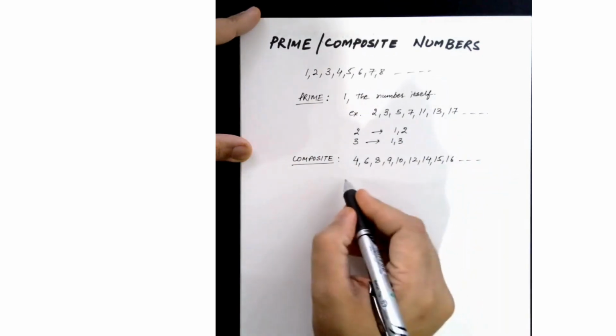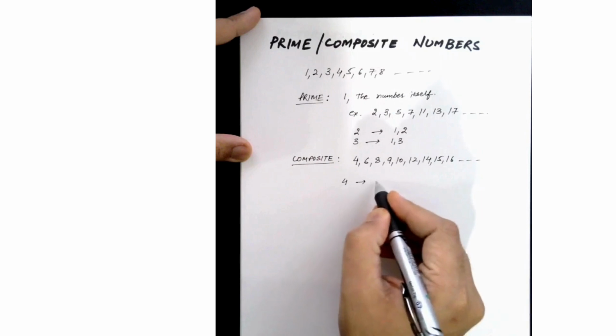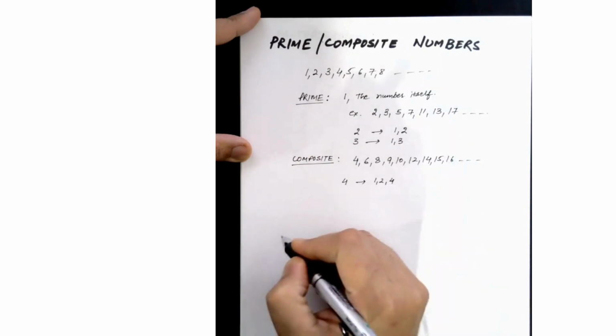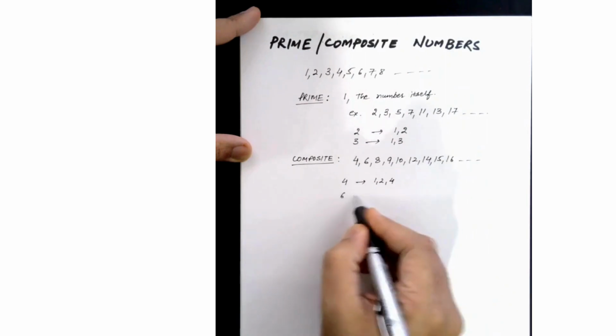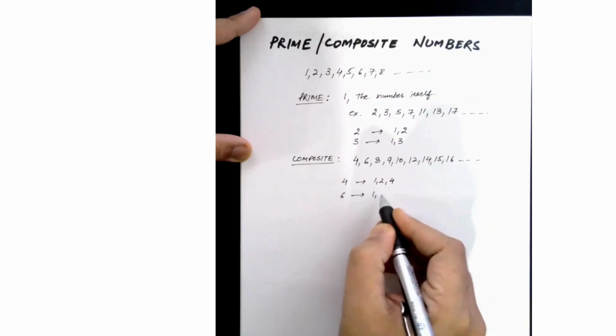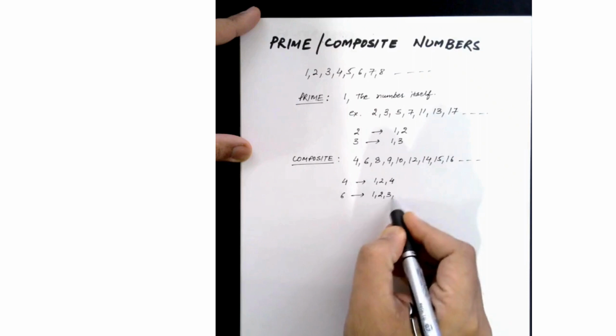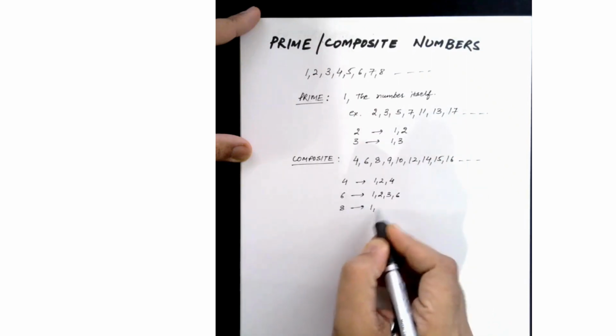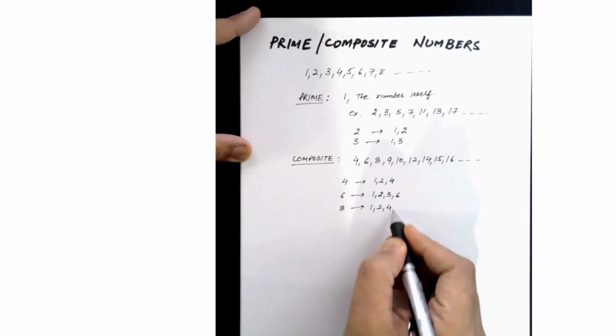Number 4 can be divided by 1, by 2, and by itself, 4. Same way 6 can be divided by 1, 2, 3 and itself. Same way 8 can be divided by 1, 2, 4 or 8.